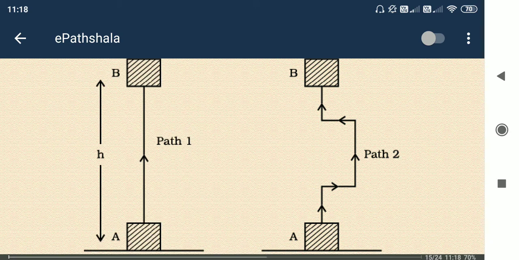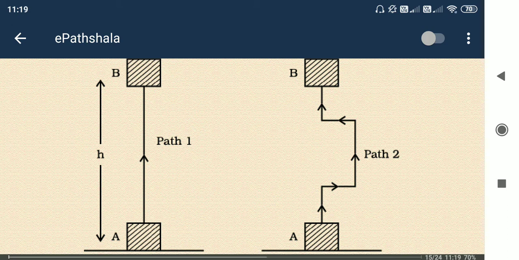Another thing it is showing: in the diagram, a body is taken from place a to place b through path 1, a straight line, so the displacement is h. In the second case, it is not taken through a straight line, it is somewhat curved.